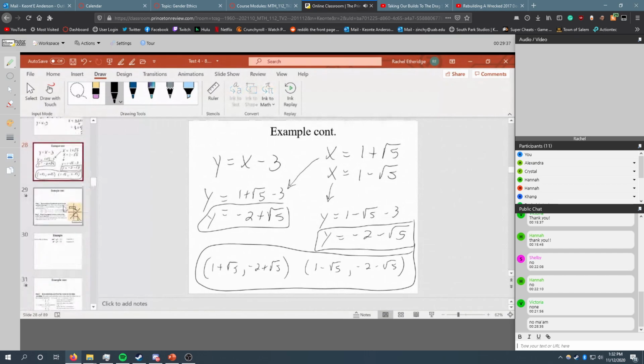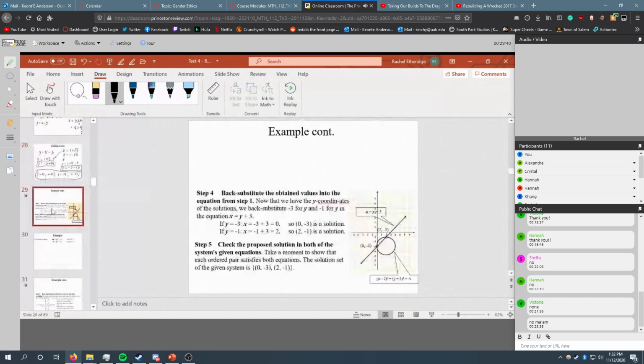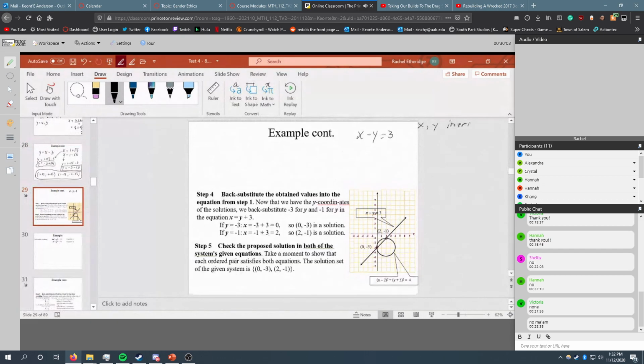Now, graphing this one, this is what that would look like. If you've got x minus y equals 3, you can graph that using the x and y intercepts. So if I use the x and y intercepts, I set x equal to 0 and I get negative y equals 3.